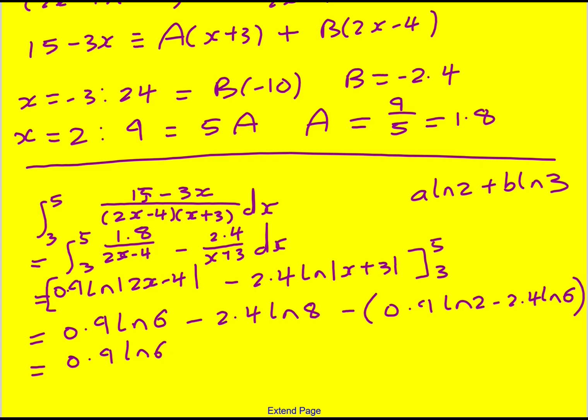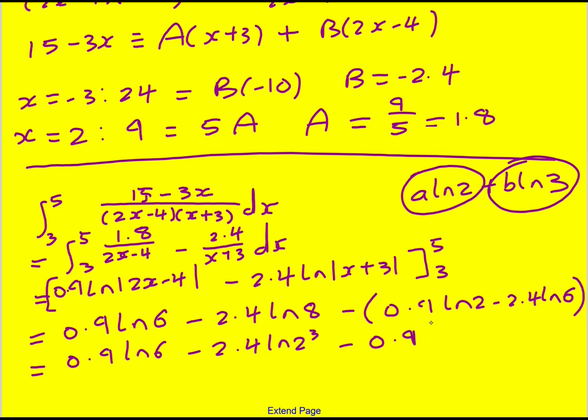Okay, now I've got a ln 8. Remember, you can't really stick this in your calculator because as soon as you put it in your calculator, you just get a decimal. So we've got to think, how can we get ln 2 and how can we get ln 3? Well, 8 is actually 2 cubed. So I can write it as 2.4 ln 2 cubed. In my next step, I'll bring that 3 down. I've got a ln 2 here, and I'm going to get plus 2.4 ln 6.